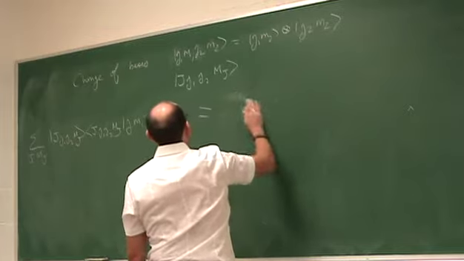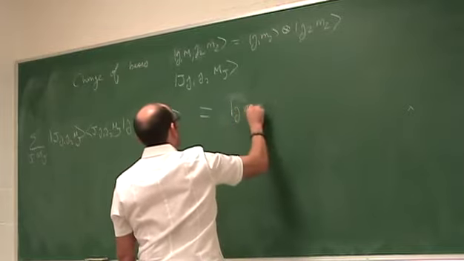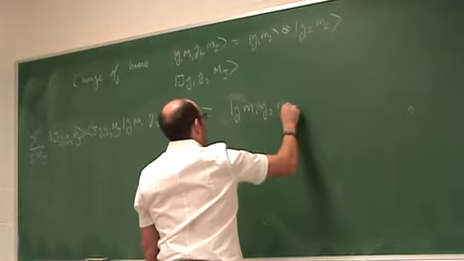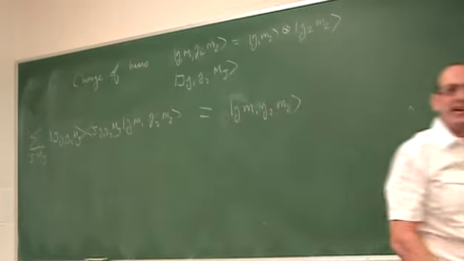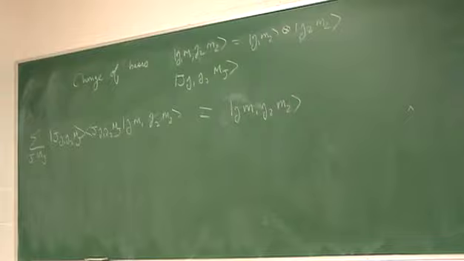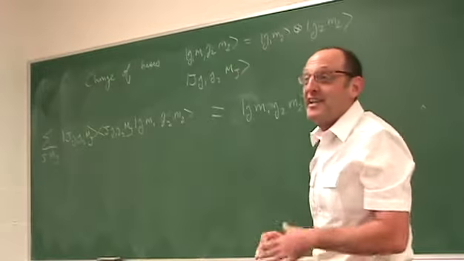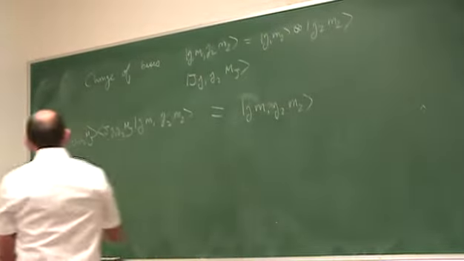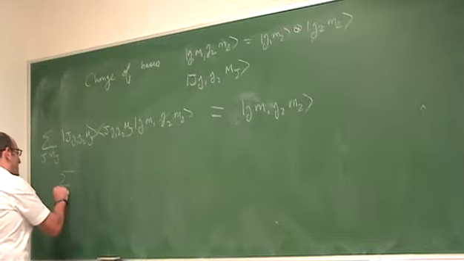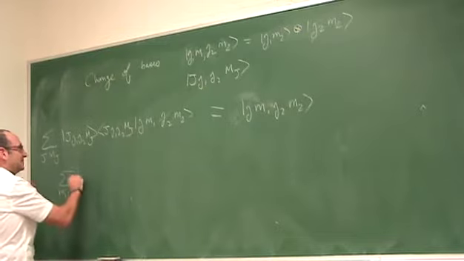Now, oh, that's why I got myself confused. Sorry. That's just pretty much what it said. I did it backwards from the way I wanted to do it. Of course, I can do the other change of basis, which is I can sum over M1, M2.